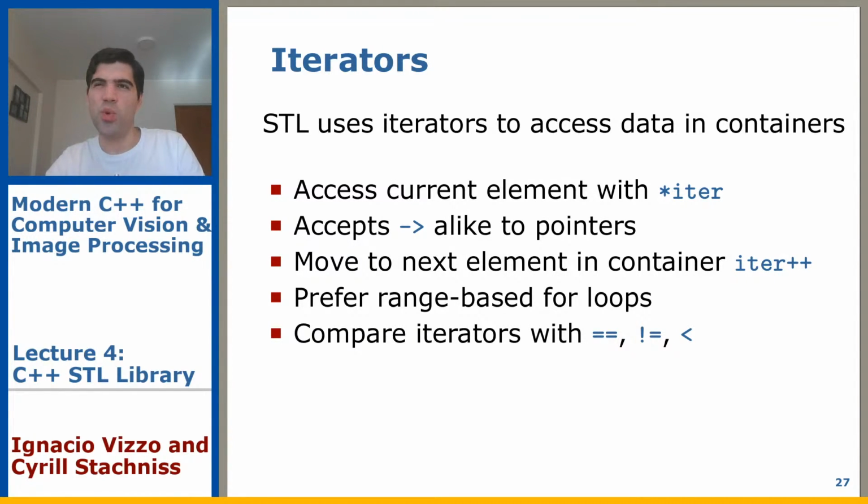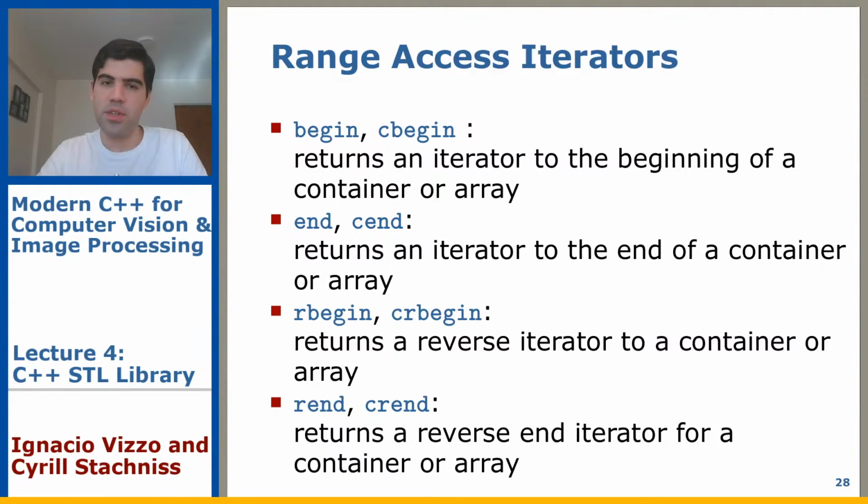You don't really need to know much about this right now, but here is a quick overview of the syntax, which is basically the same as a pointer. Then you can move to the next element using the increment or decrement operators. The idea is that you should be using range for loops, as we saw in the second lecture, instead of this. And you can compare iterators as if they were any other thing.